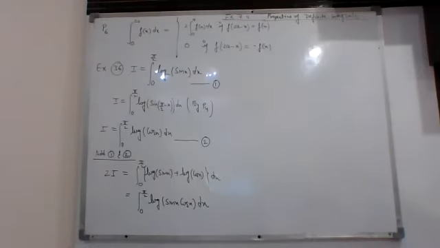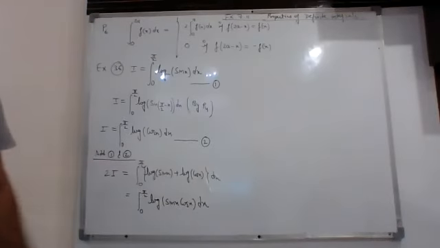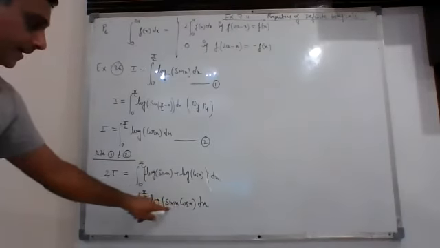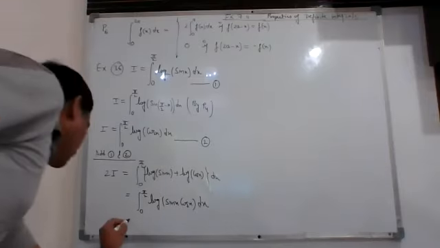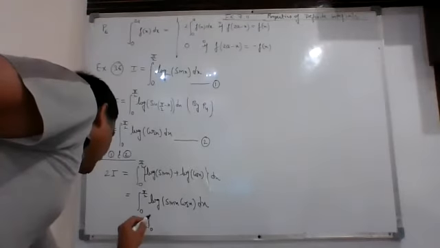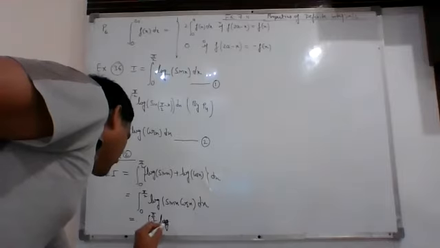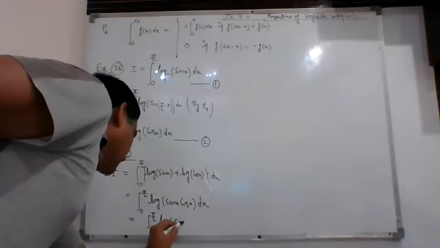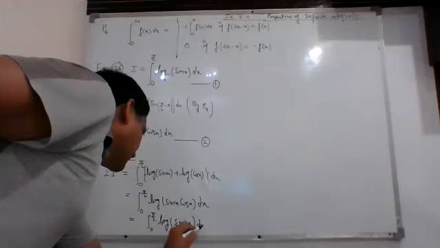Now after this, if you want to write this as sin 2x, then you have to multiply and divide it by 2. When you multiply and divide it by 2, you can rewrite this as the integral from 0 to 90 of log (sin 2x divided by 2) dx.